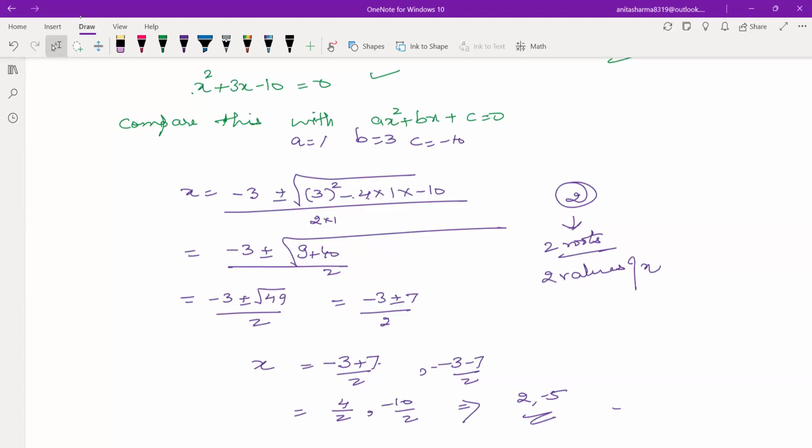Understood how you will apply this quadratic formula? Yes, ma'am. All have understood? Kindly show me your thumbs up or you can speak. Ma'am, we can do the other method also. Yes, beta. You can do by splitting the middle term also. Rizwana, understood, beta?